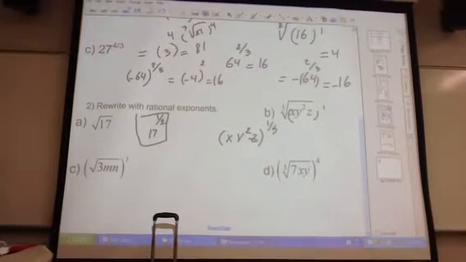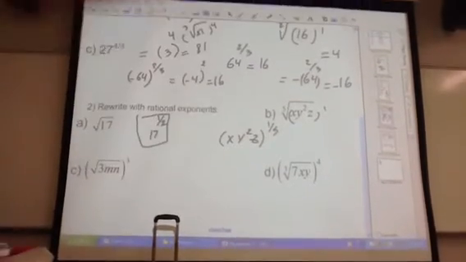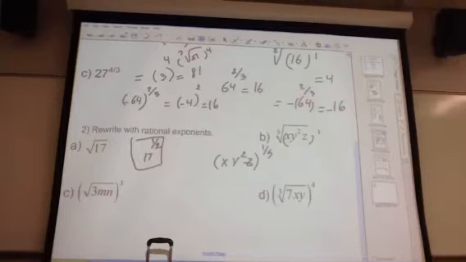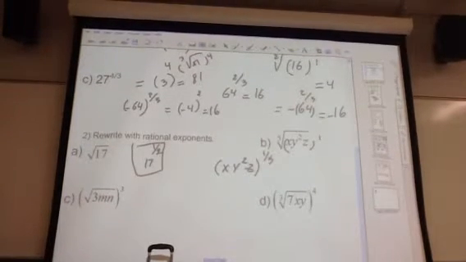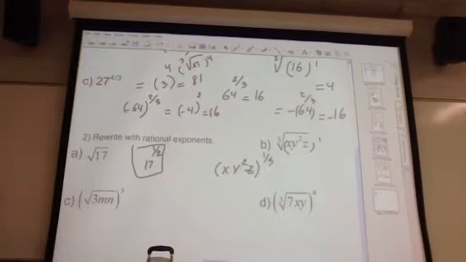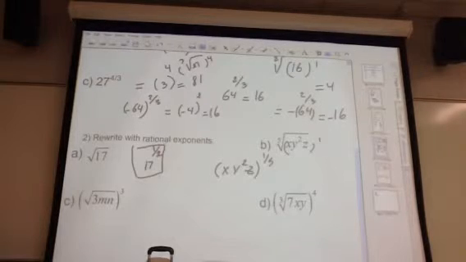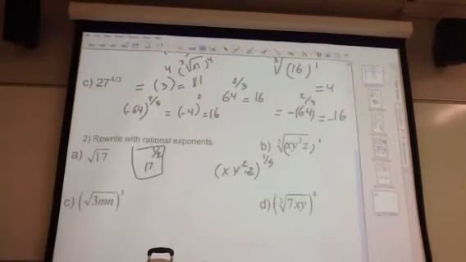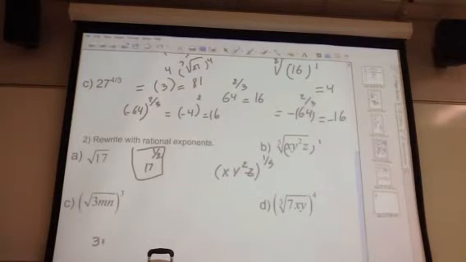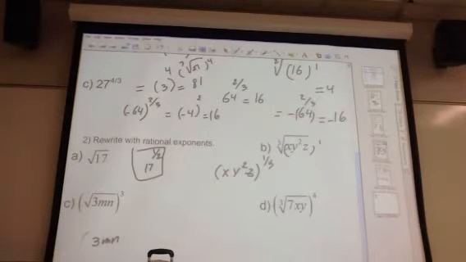That seems easier. What about this one? Now, what root are you taking? 2. So if I want to write it as exponential, whatever is underneath, I put it like 3mn. And I need the exponent as a fraction. What are you going to write?